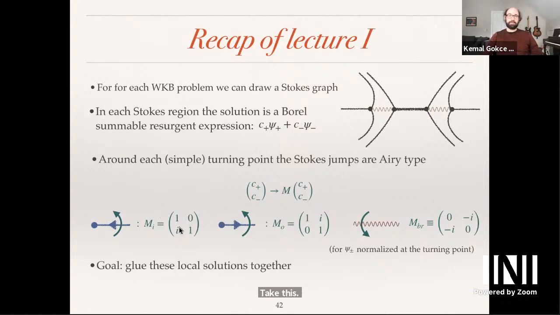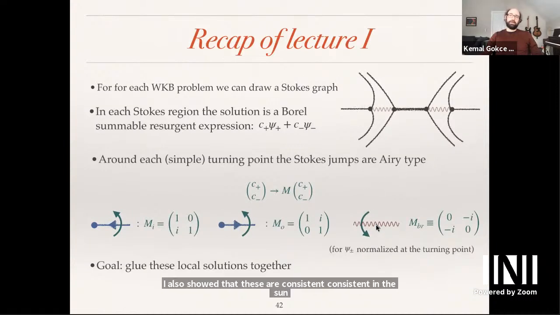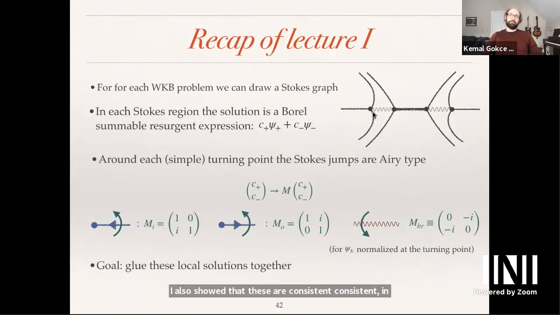There's no h bar dependence. I also showed that these are consistent, in the sense that when I make a full loop, I indeed obtain the unit matrix. So it's a trivial monodromy.